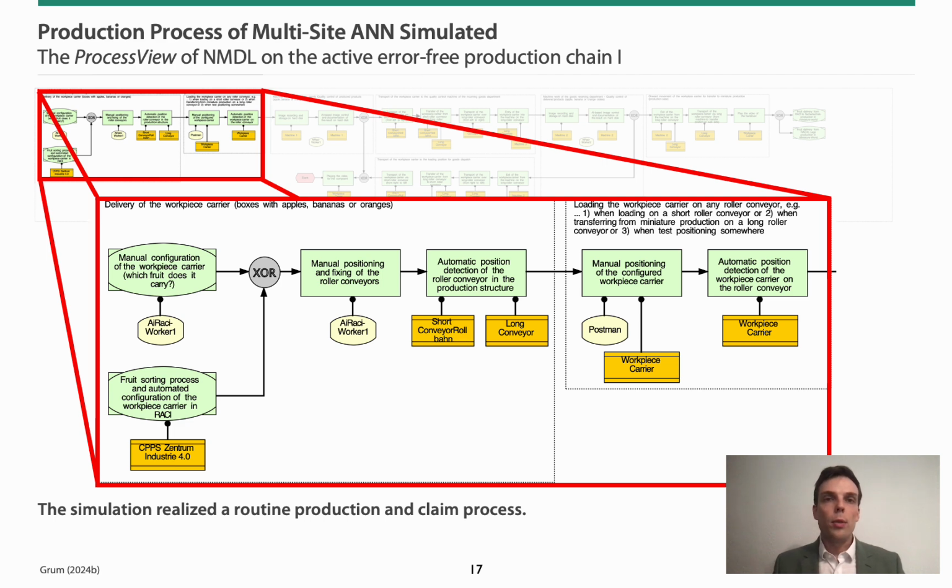The first part of the process cared about the initialization of the simulation setting. For instance, this referred to the workpiece provision by the postman. It further cared about the autonomous localization of each machine within the machine's environment.